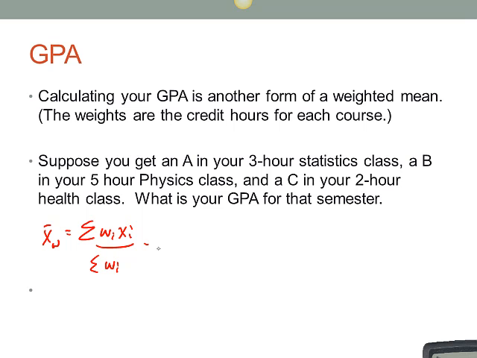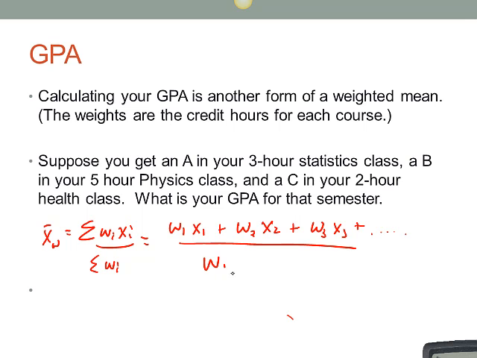So what does that mean practically? We're just going to take the first weight times the first data value, plus the second weight times the second data value, plus the third weight times the third data value, plus and so on. And we divide that by just summing up all of the weights.